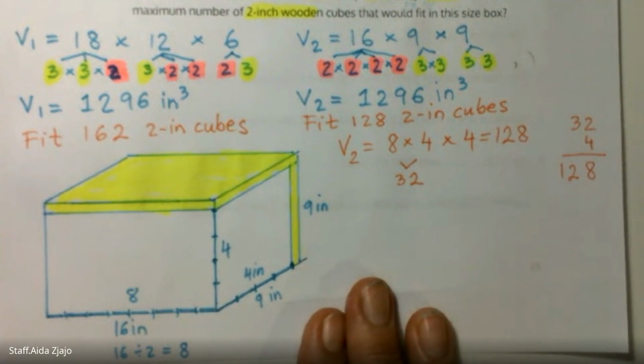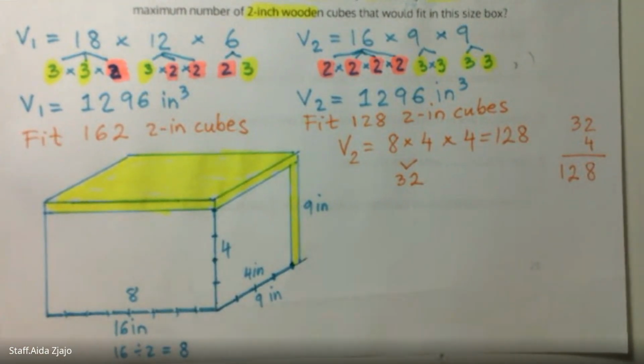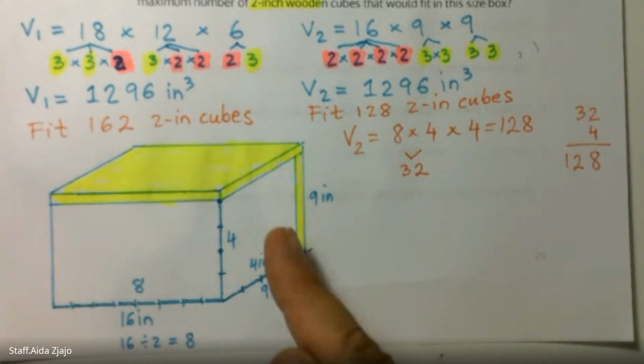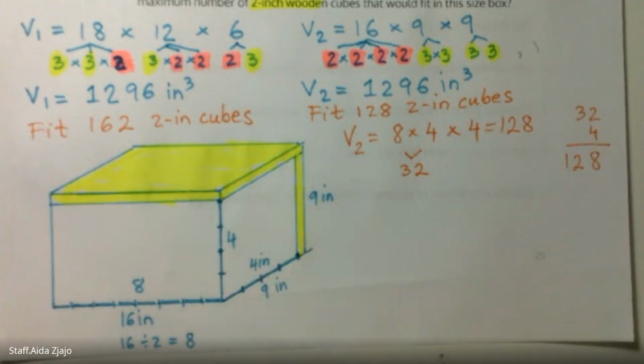So when dimensions are not perfectly aligned with the size of the wooden cubes, we could have extra space that gives us a problem fitting 162 cubes. So that box cannot fit them all. It's only 128 cubes.